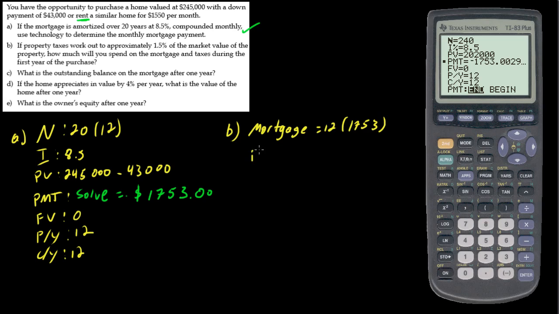We're also going to figure out the property taxes, and this is going to take the base price of the home, not the one with the down payment, but the $245,000, and multiply it by 1.5% as a decimal.